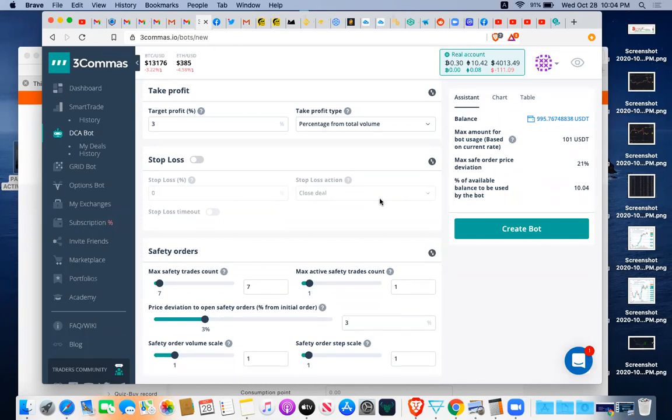You discover that your $100 has actually given you 3%, not necessarily waiting for the first order to execute. The market may not even go up again to your initial target price. But because the bot has bought more down, before even your first price, the bot may sell and still give you 3% of your $100. That's what we call the DCA bot.